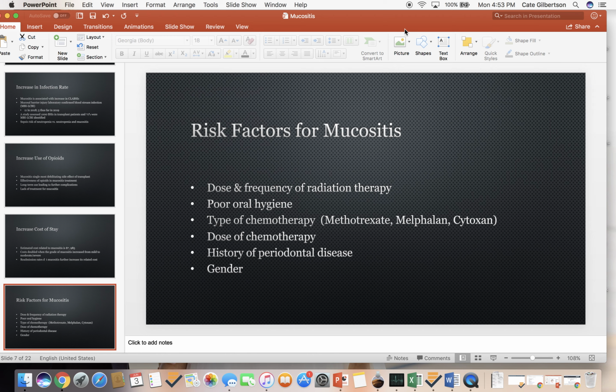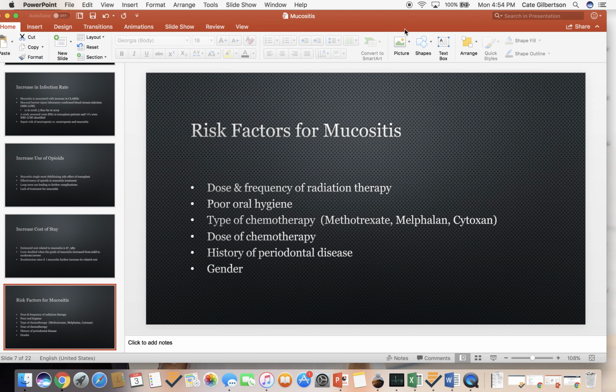So it's important to think about that too. Our patients right off the bat have a lot of these risk factors identified if they're getting one of these three chemos. The dose of chemotherapy: a lot of our patients are getting the high dose chemo with their transplant or with their chemo upstairs on 5 too, so they're at higher risk for mucositis.